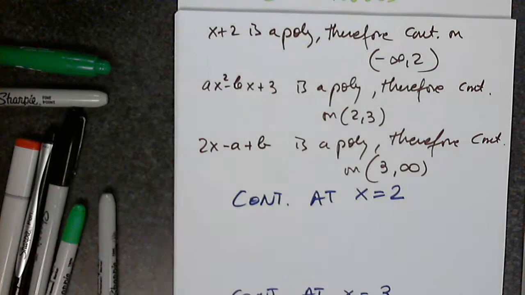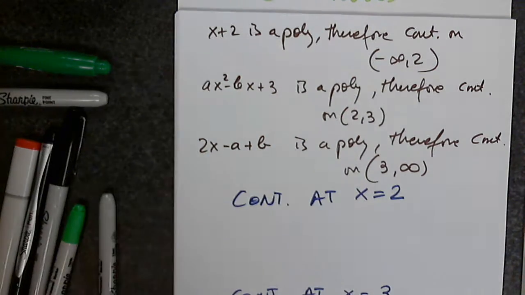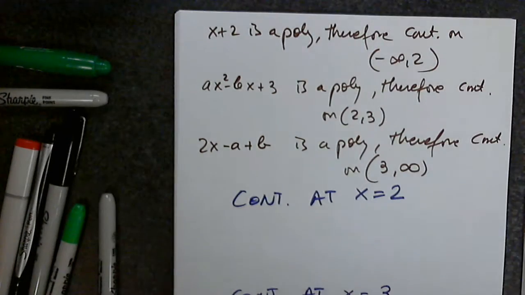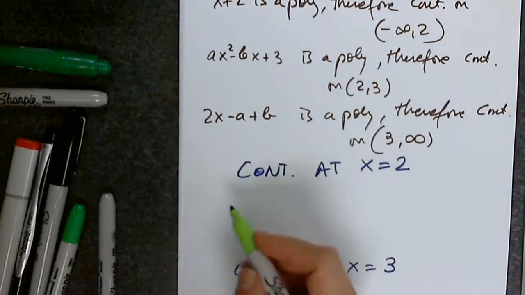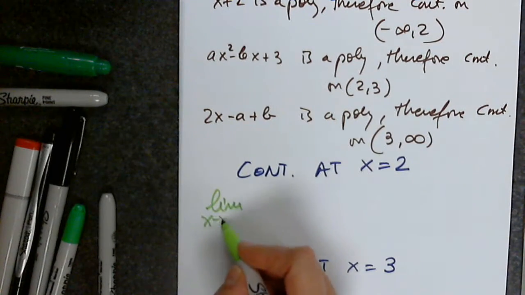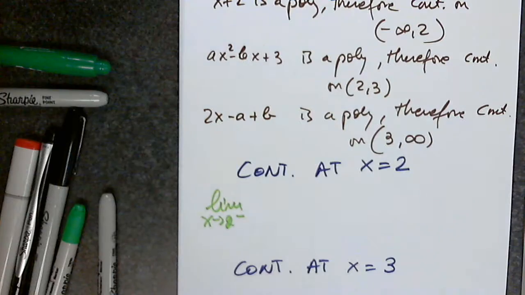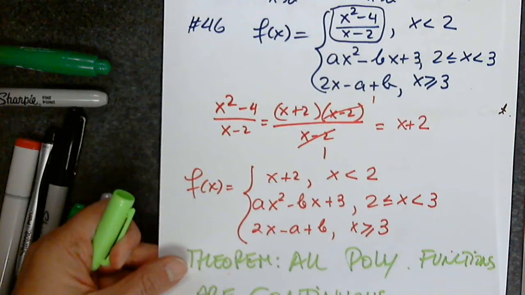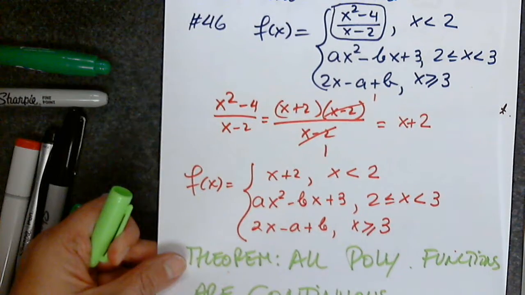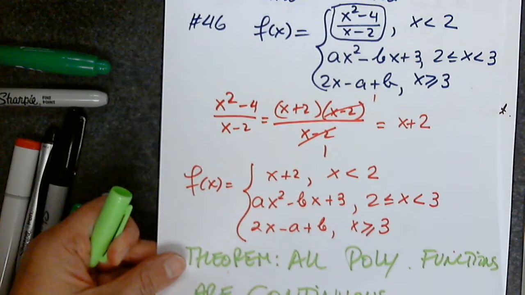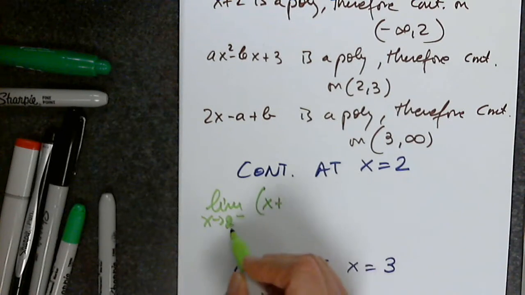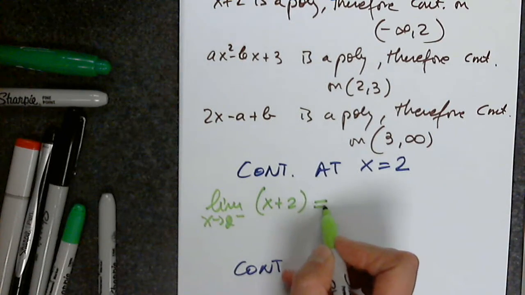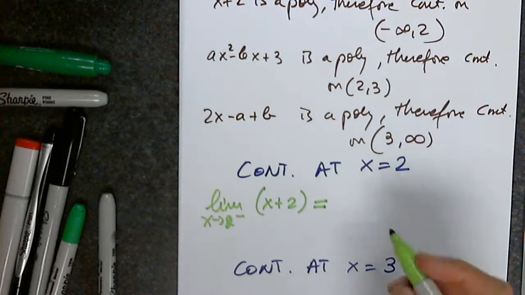Continuity at 2. What is the definition of continuity at the point? Please dictate. Limit as x approaches 2 from the left. Of what? Precisely of what? Very good. From the left. Must equal exactly what?